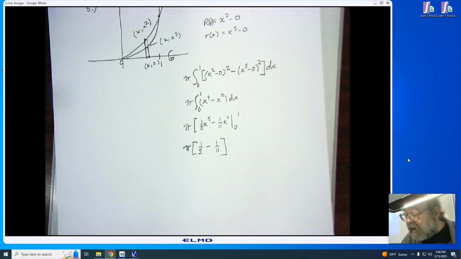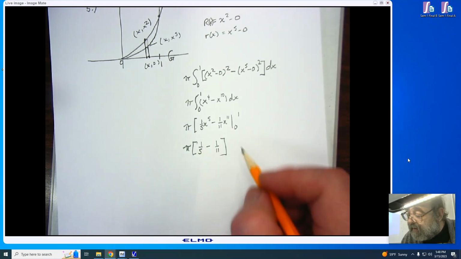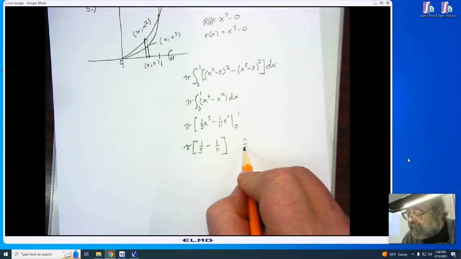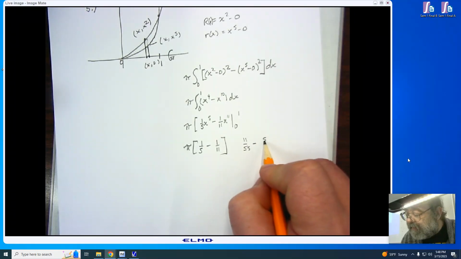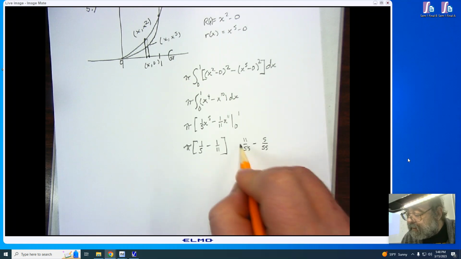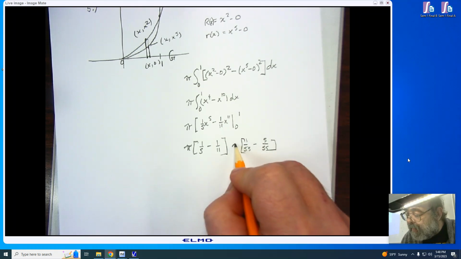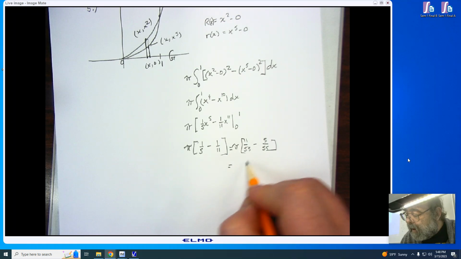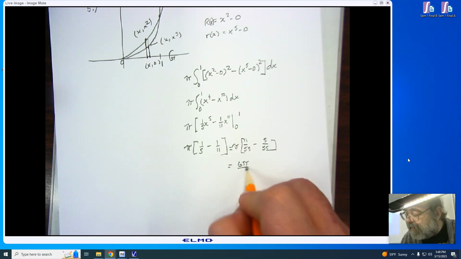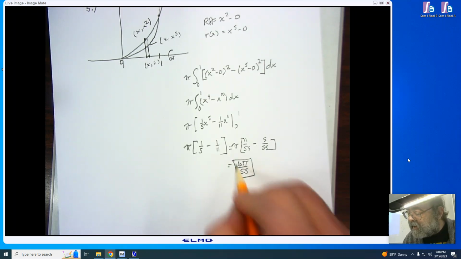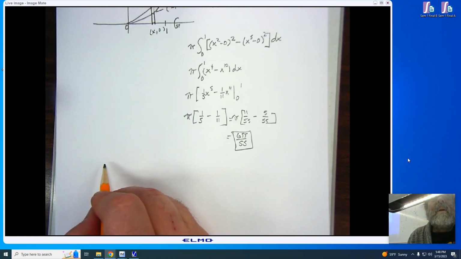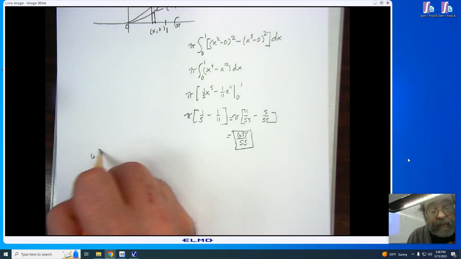Now, that's going to give me 11 55ths minus 5 55ths multiplied by pi, and I'm looking at 6 pi 55ths as my answer.